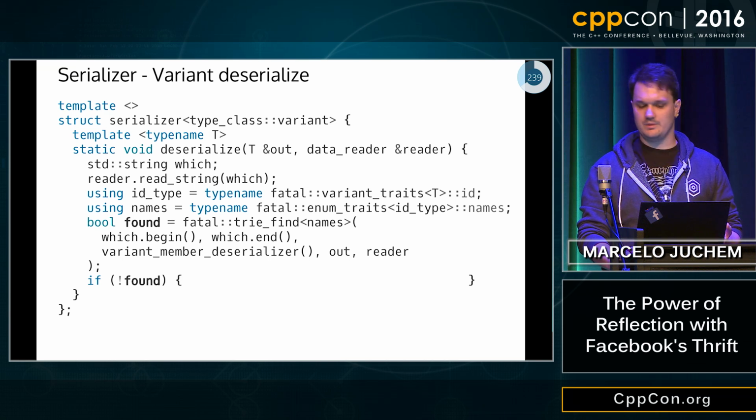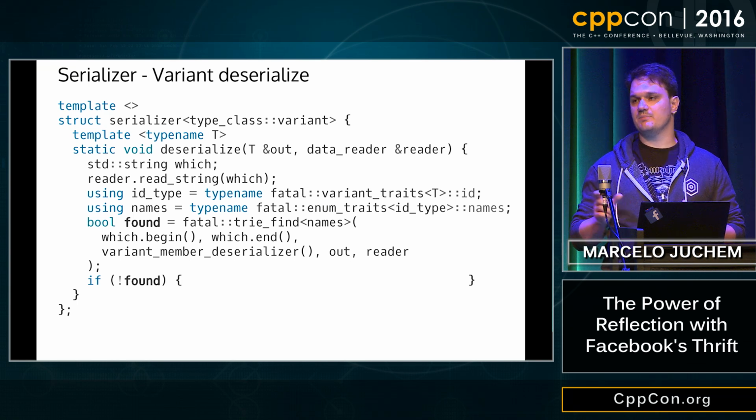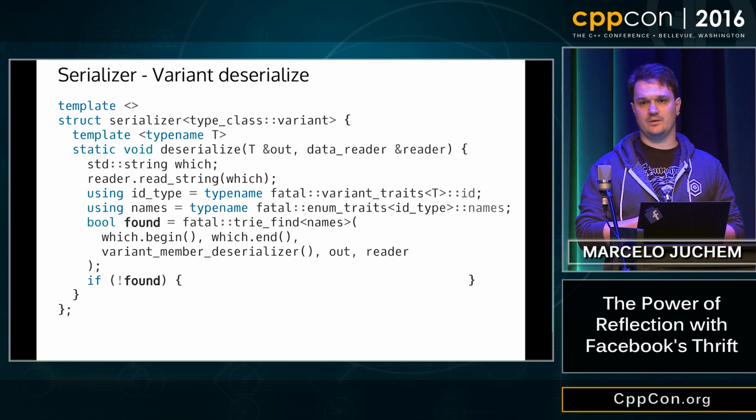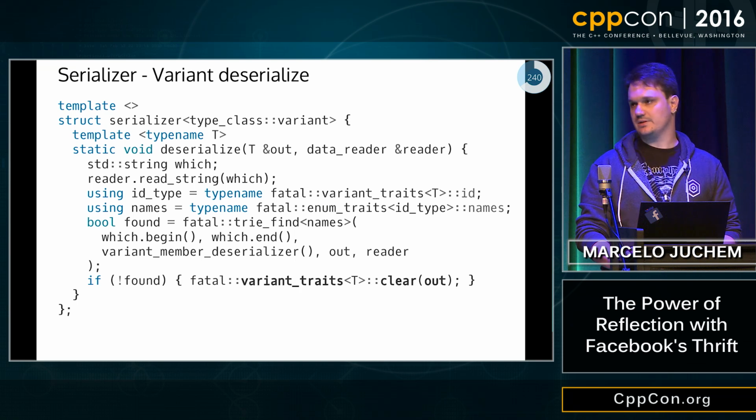And if it's not found, it means whatever was in the blob doesn't represent a valid member of this variant. So this will happen if we serialize an empty variant, or it could also happen if we have an invalid value there, but we don't really care about that right now in this example. And in this case, just clear the variant, like just make it empty.